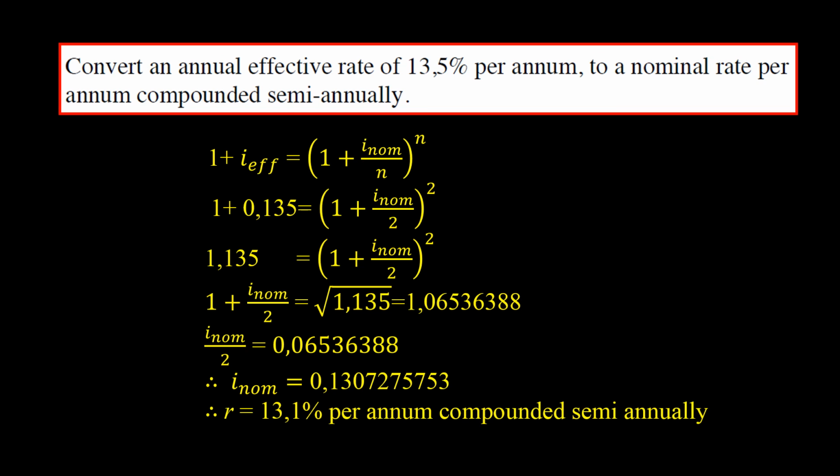We find it a lower percentage, but in effect it was 13.5%. So that is the difference between the effective rate and the nominal rate. The nominal rate will always be the lower rate, but in effect it is more than that in a year.